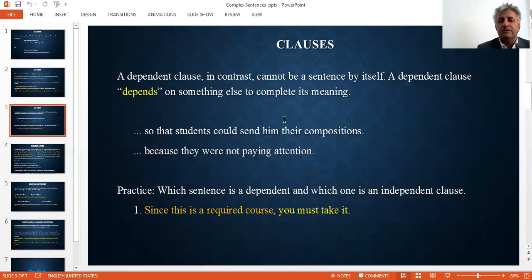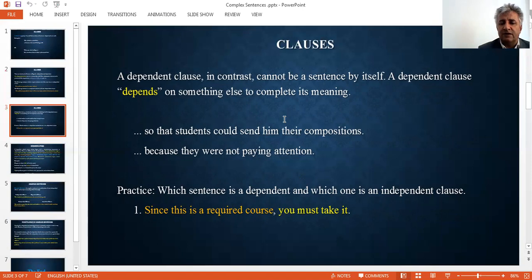A dependent clause, in contrast, cannot be a sentence by itself. As I've already mentioned, the meaning is not complete, and we are waiting for some other words to complete the idea. A dependent clause depends on something else to complete its meaning. Look at the examples. So that students could send in their compositions.